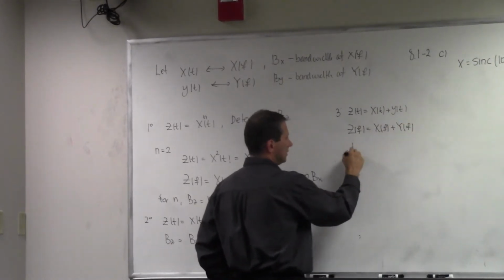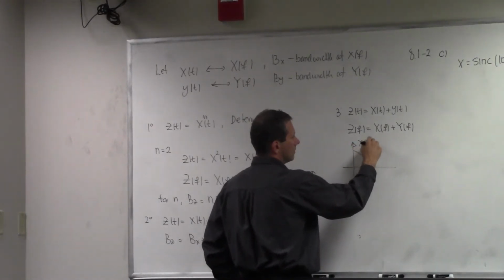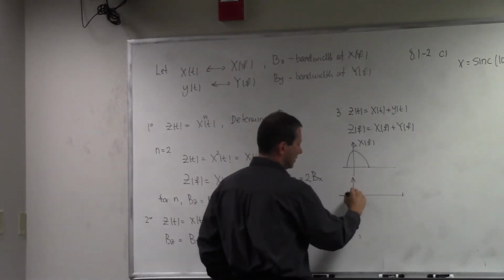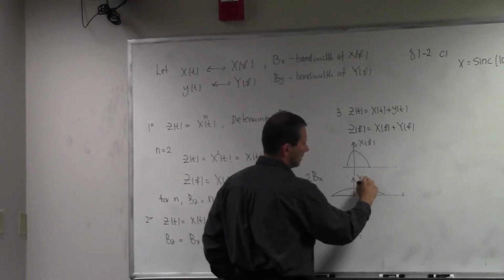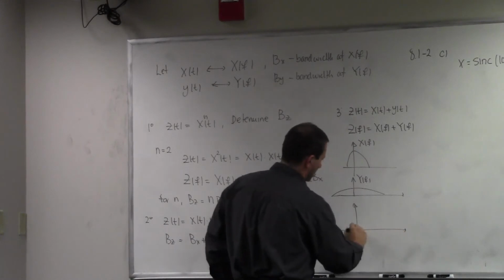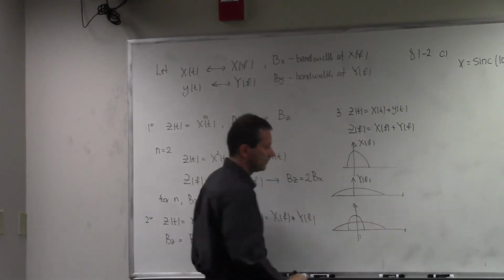If this is your x of f, let's say like this, and this is your y of f, let's say like this, how does your z of f spectrum look? It's something like this, right?